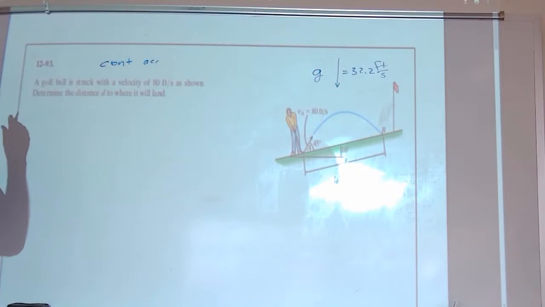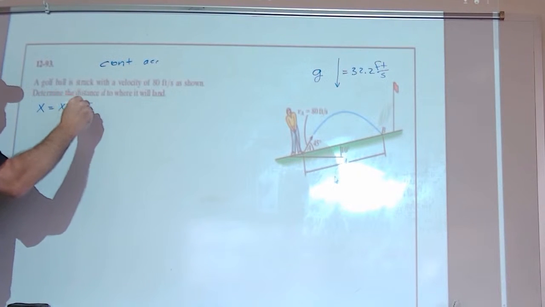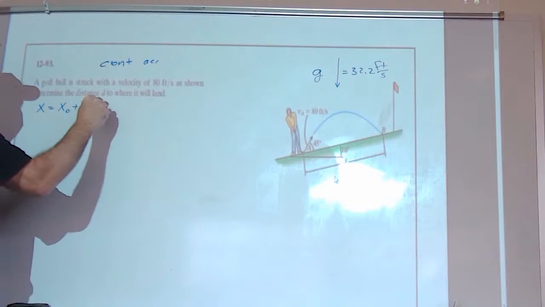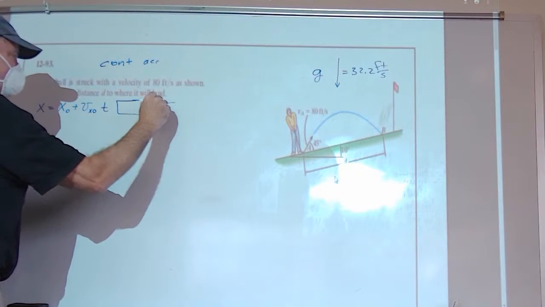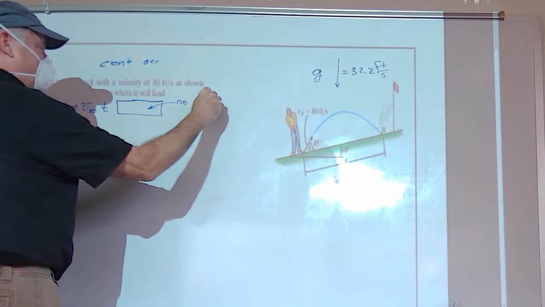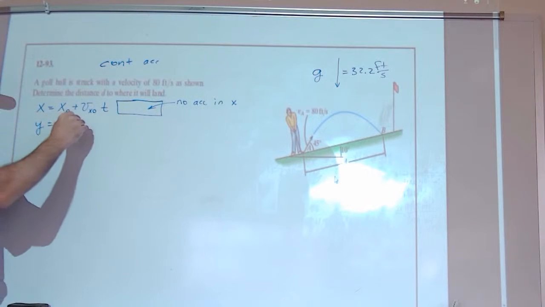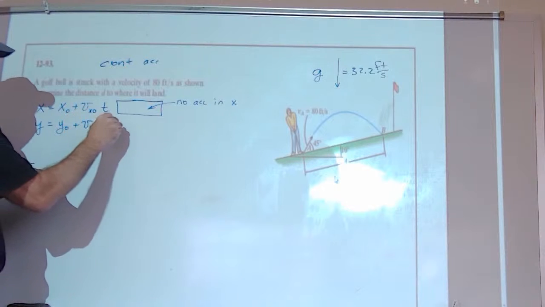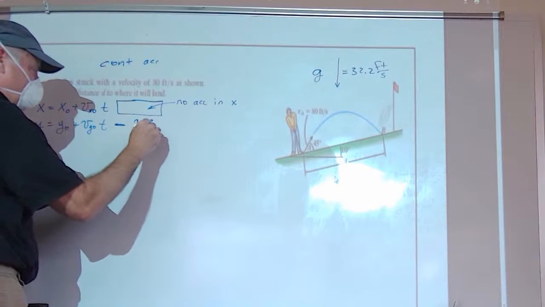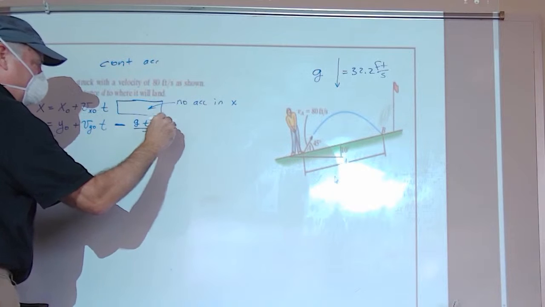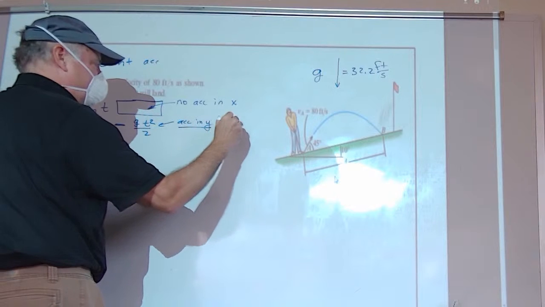The motion follows x naught plus v x naught t, and there is no acceleration in x, but there is acceleration in y: minus g t squared over 2. Acceleration in y is minus g.